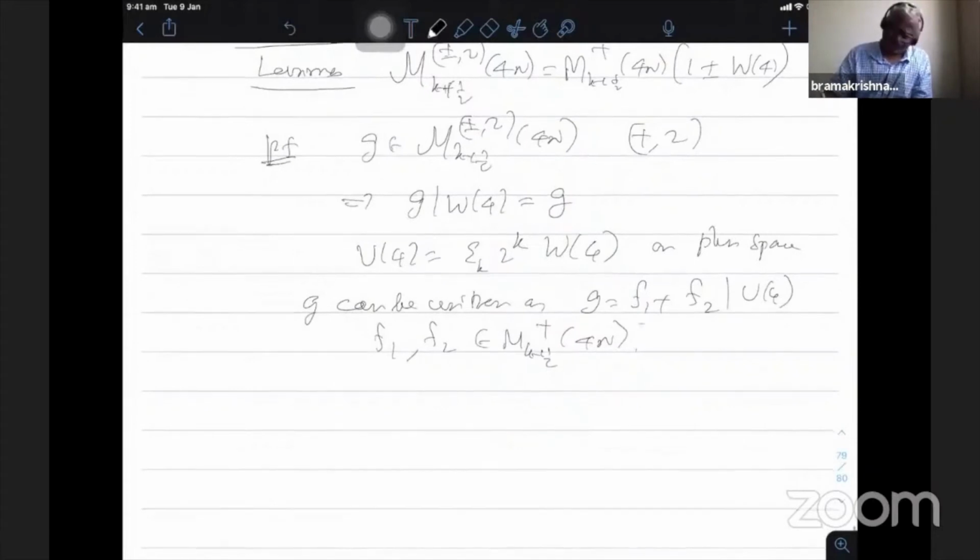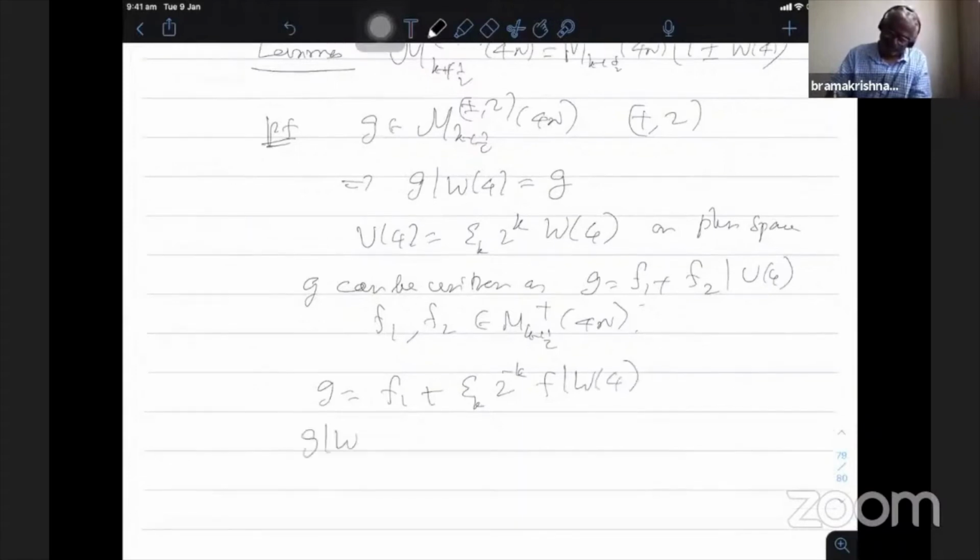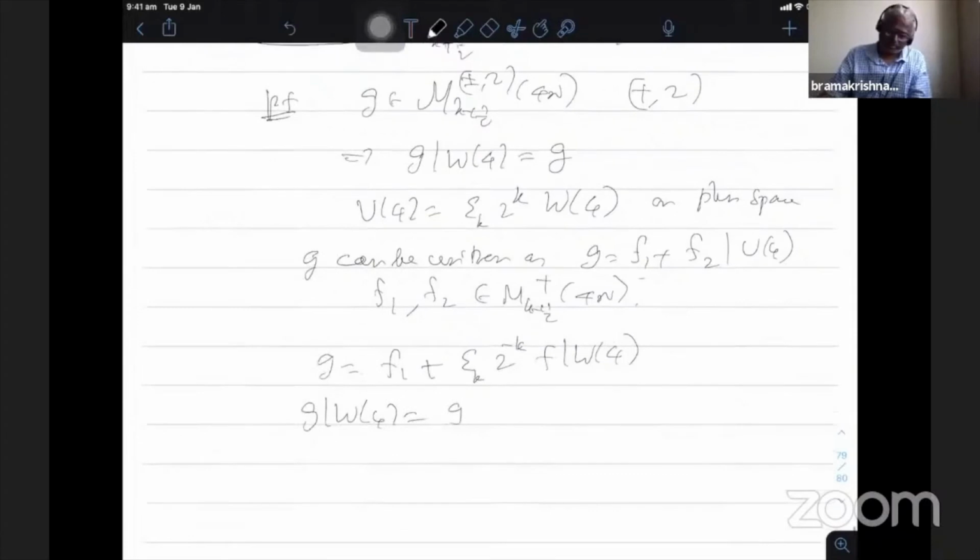Now I replace U4 by W4 using this. Therefore, G equals F1 plus, U4 is epsilon_k 2 power minus k, F2 bar W4. Now assume that G bar W4 is G. So apply W4, and use the fact that W4 squared is identity. This implies we have F1 minus epsilon_k 2 power k F2 bar W4. After simplification, W4 squared is identity, I use this, which is equal to F1 minus epsilon_k 2 power k F2.